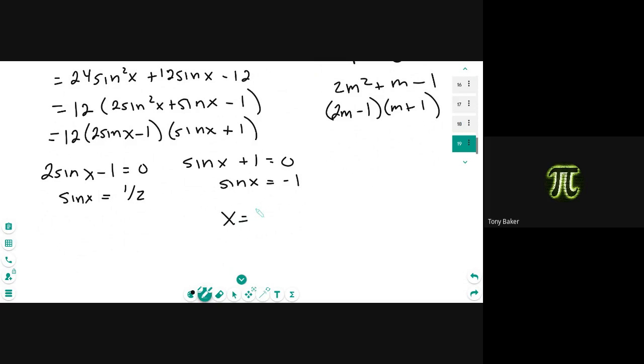This one we know, that's 3 pi over 2. Where does sine x equal 1/2? Is it just pi? No, sine of pi is 0. So pi over 6, if we just look at the first quadrant.